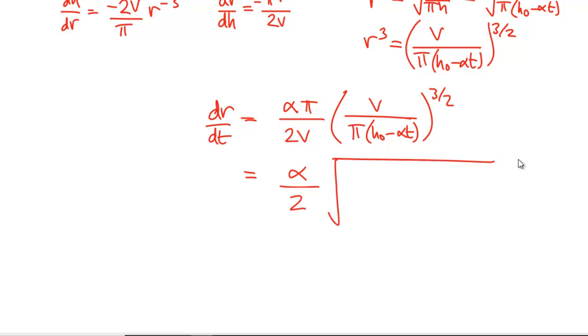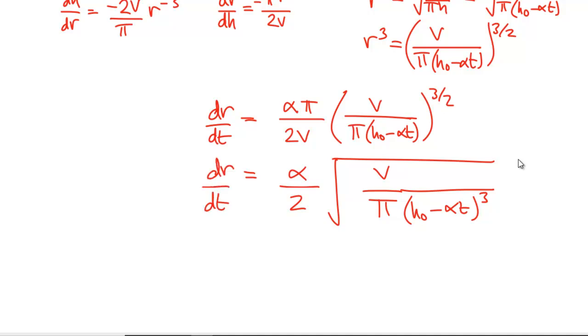Then we're going to be left with a v at the top and a pi at the bottom, and then this thing cubed, h0 minus alpha t cubed, because that leaves us with the 3 over 2 for that thing at the bottom. We get a root v, because we had v to the 3 over 2 and then take 1 off, which leaves a half, which is why it's at the top. And we got pi to the minus 3 over 2, add 1 on, which leaves a minus a half. So that works. That is our dr/dt.